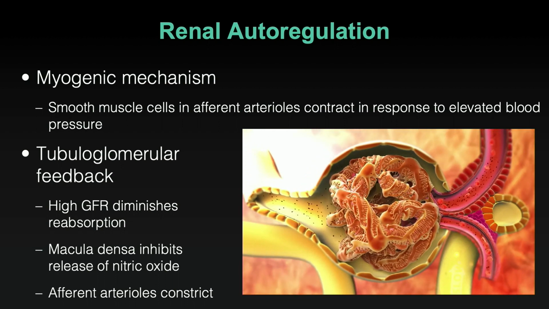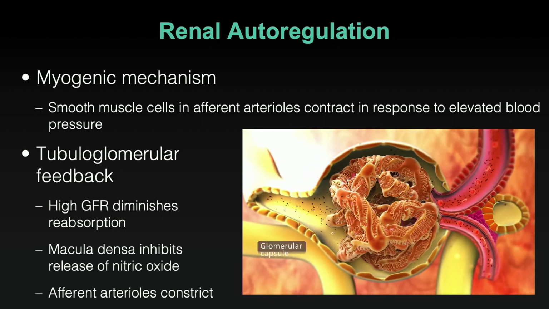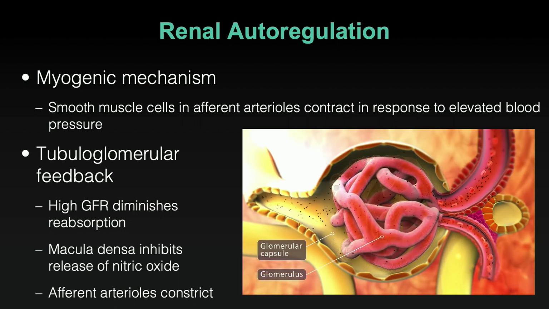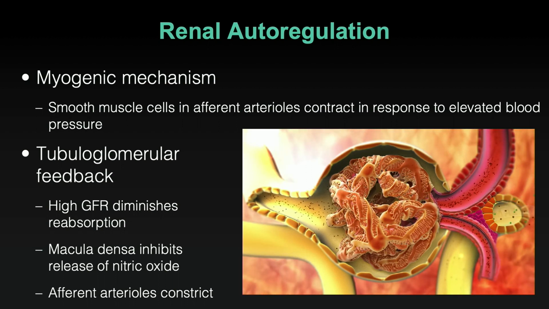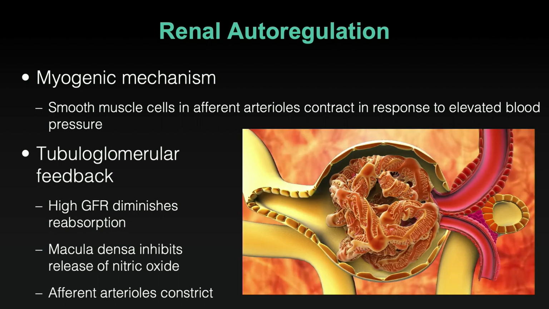If the flow is too slow, the afferent arteriole relaxes, increasing pressure in the glomerulus and increasing GFR and flow through the nephron. Right? So the flow is too slow, filtration is too slow, not enough is being pushed out. We open up the afferent arterioles and allow more blood in, increasing pressure, increasing GFR.